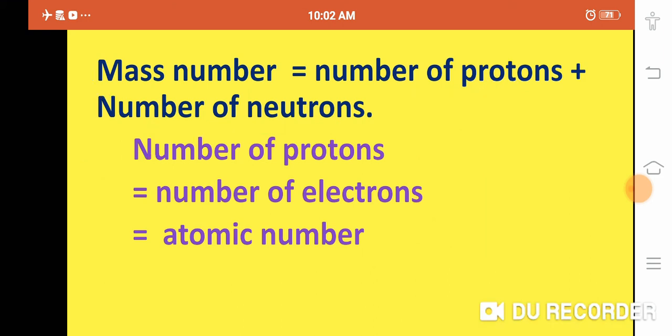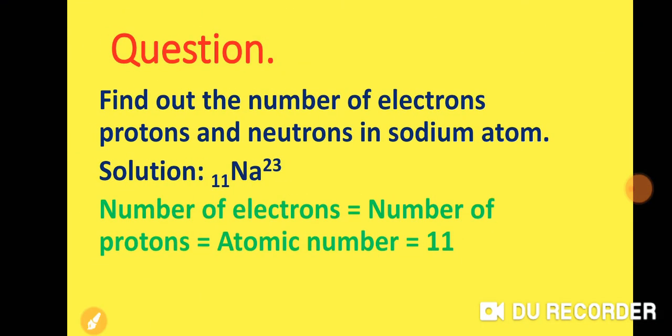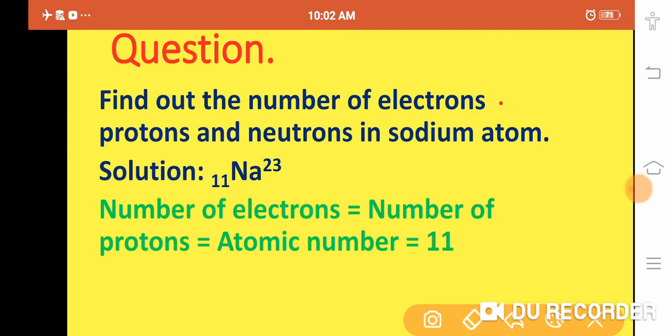Okay, students? Now by using these two formulas, formula number 1 and formula number 2, we will try to solve some questions. See, question: find out the number of electrons, protons and neutrons in a sodium atom. Sodium has atomic number 11 and mass number 23.